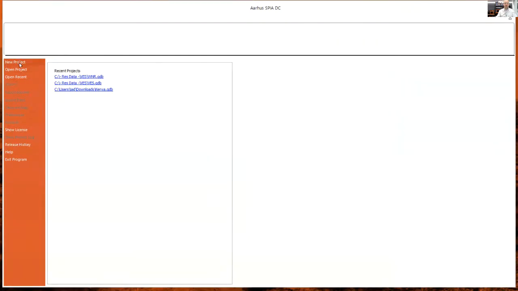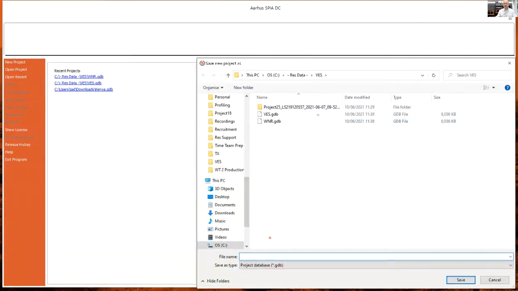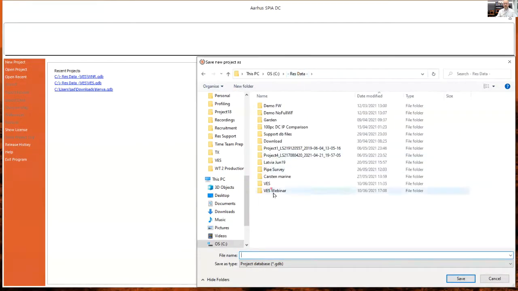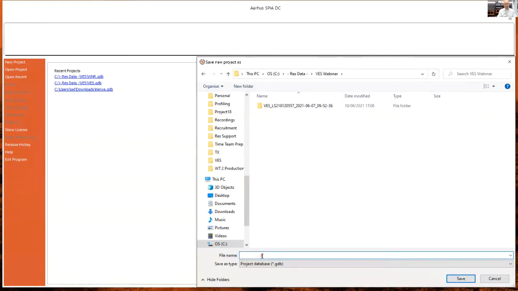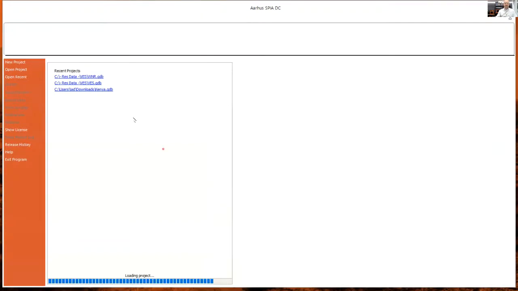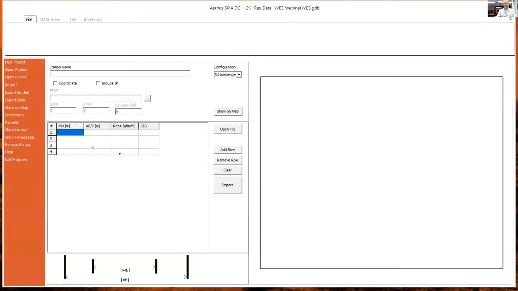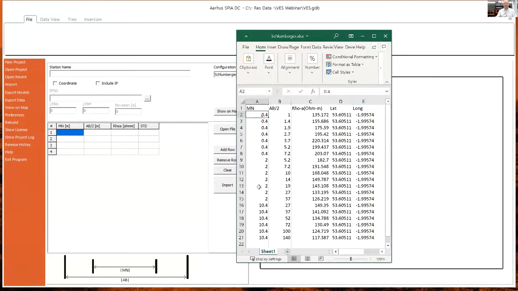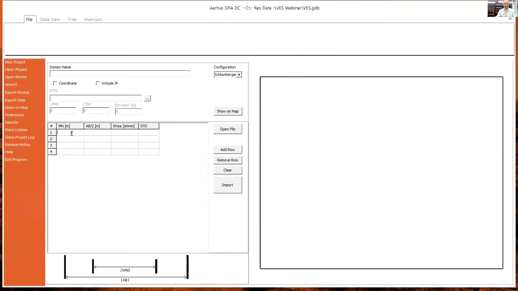So I'm going to create a new project and put that into the VES webinar folder. Call that VES. It'll ask me to put the values in. So just jump to my Excel sheet, copy those, paste them in.